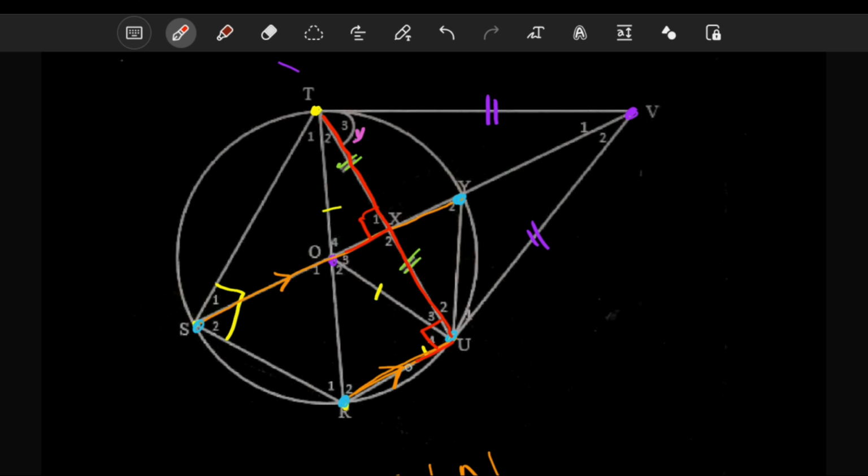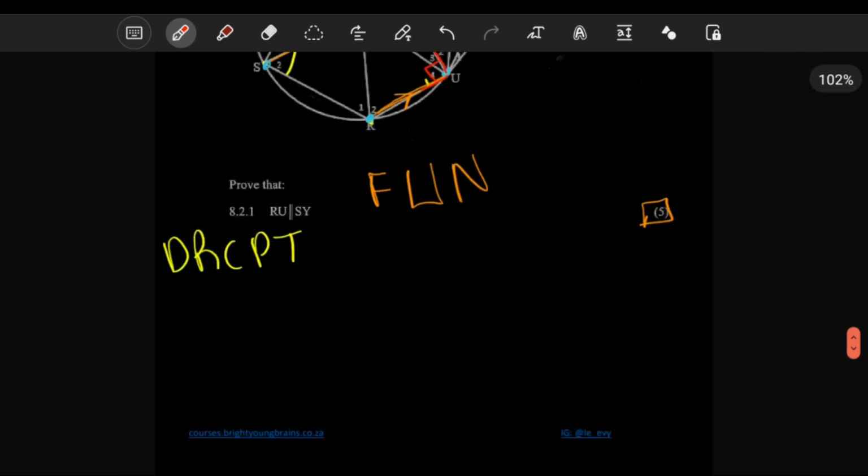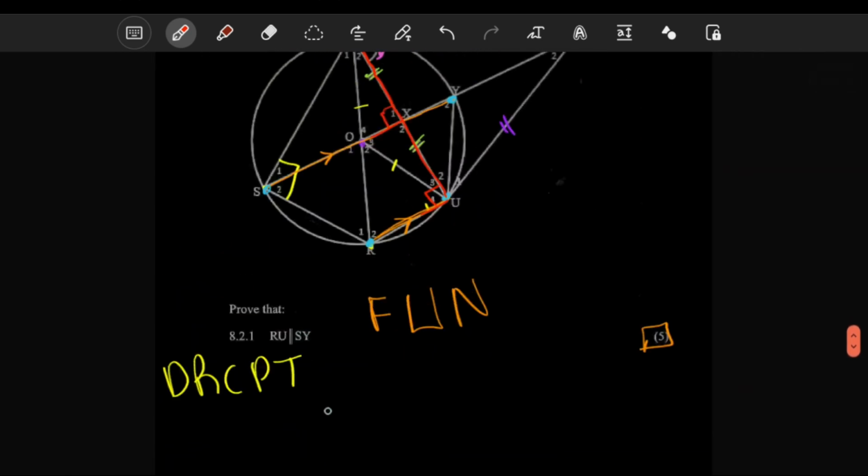I was busy focusing on alternating angles and co-interior angles, but I was forgetting there are corresponding angles right over there. So x1, we know that this is equal to 90 degrees.